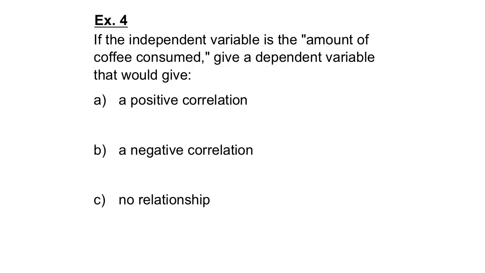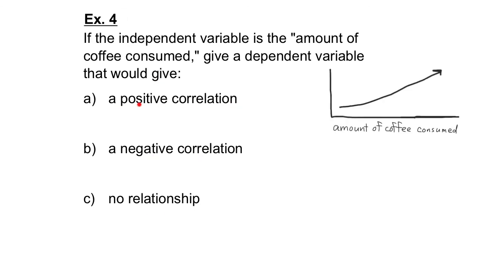Okay, last example here. If the independent variable is the amount of coffee consumed, give a dependent variable that would give a positive correlation, negative correlation, and no relationship at all. So let's start with a positive correlation. As the amount of coffee consumed increases, what would be something else that increases? Think about it. What about a negative correlation?